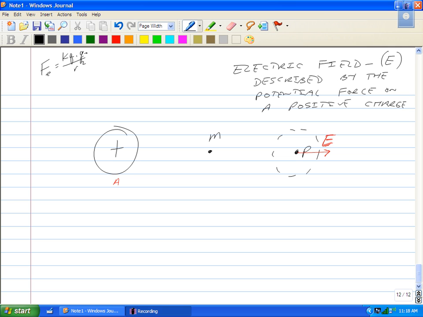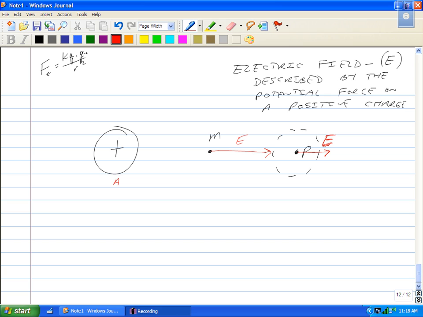Still out to the right, but it's going to be a greater magnitude because it's closer to the charge, right? And so if I draw the electric field vector here, it's in the same direction, but it's much larger than it was at P. Okay?